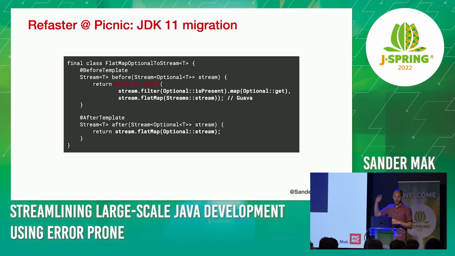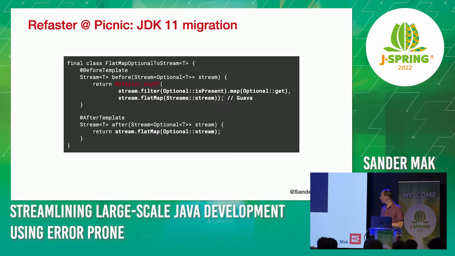And the interesting thing here is that there's not just the idiom on the top, so filter and then map. There's also stream.flatMap(Streams::stream), which is a Guava method. We also use Guava as a collections enhancement library, but we also want to get rid of that, because if it's in the JDK, we much rather use the JDK method that is there.